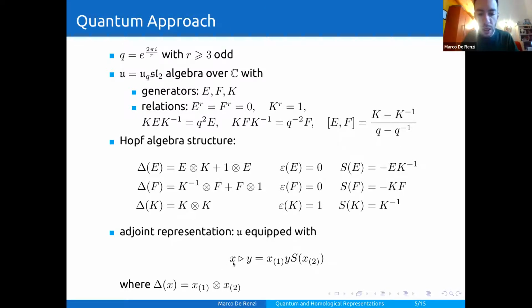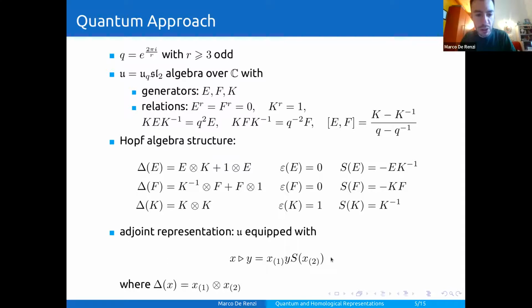An element X acting on an element Y is obtained by taking the coproduct of X, then multiplying Y from the left using the left component of the coproduct, and from the right using the antipode of the right component. And here x1, x2 is an abuse of notation for the coproduct. This is very common. This is Sweedler's notation. In general, coproducts are linear combinations of pure tensors. They're not always pure tensors, but this should be understood as a linear combination of terms of this form.